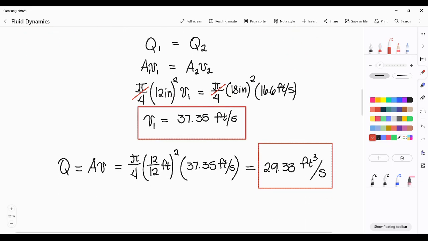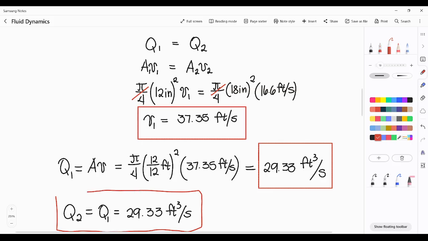It's just also equal to the volume flow rate we've obtained at section 1. Q2 is equal to Q1, which is equal to 29.33 cubic feet per second. This is our other answer.